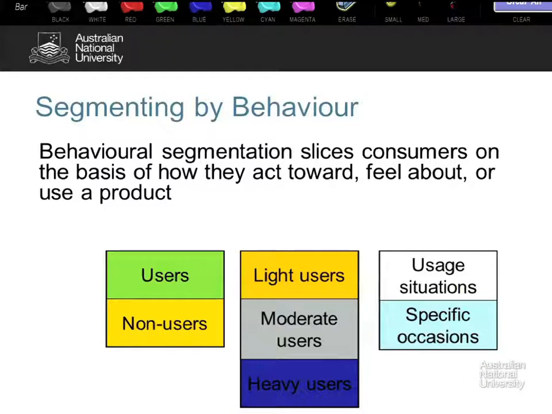Now, your flashback moment here is that there is a model that we talked about in strategy. It was the last slide in strategy. It will appear again in this set. For the user, non-user, this is a marketing strategy decision. This is, do I target the people who I already have a relationship with, who already consume my products, or do I target people who are new to me?